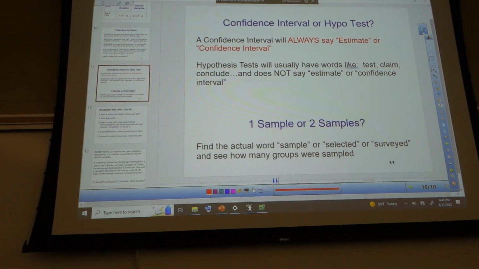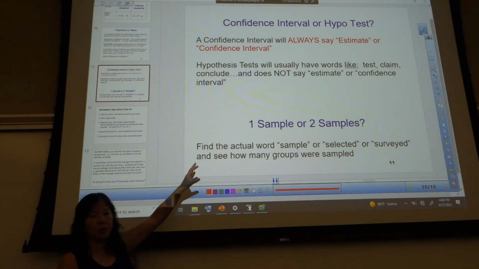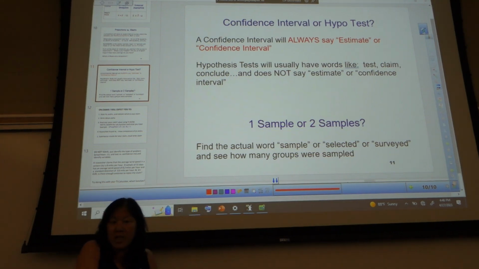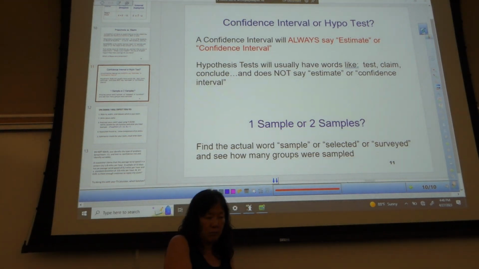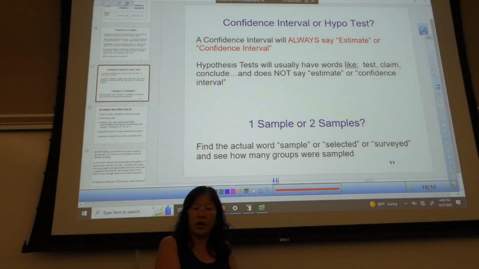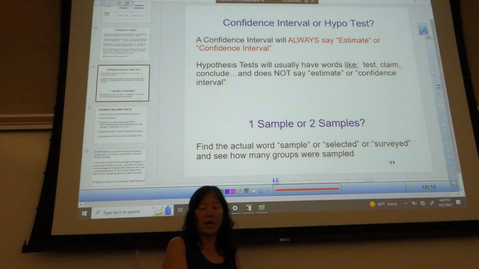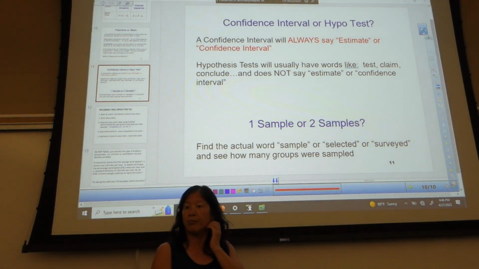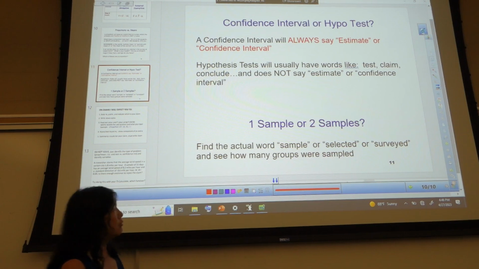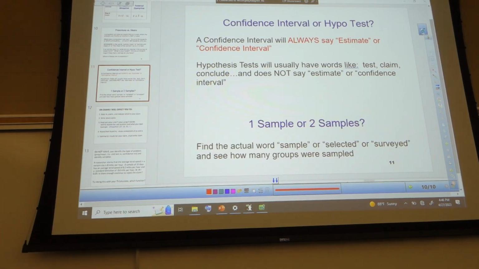Sample, is it one sample or two samples? If you find the actual word sample, selected, or surveyed, figure out how many groups were sampled. You should have a sample size for every sample you have. So if you only have one sample size, then it's usually one sample. They could be the same sample size, right?